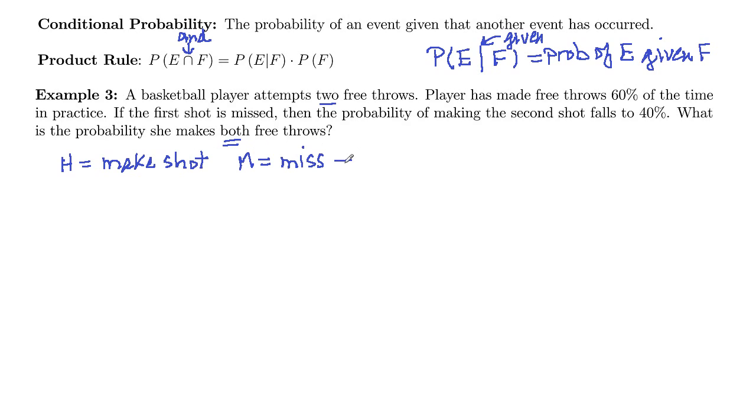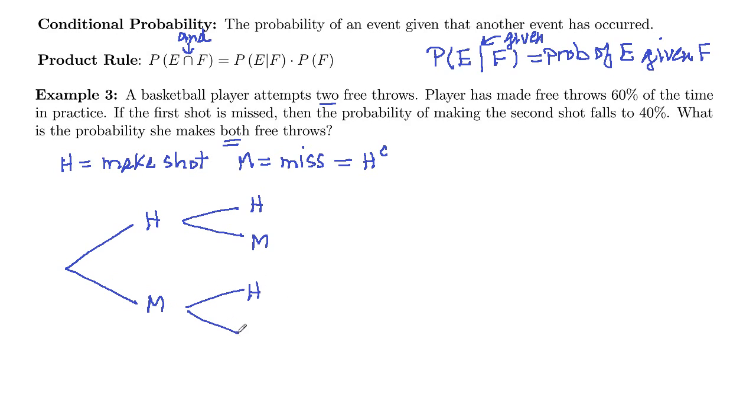Notice that that's the same as H complement. So if you don't hit it, you miss it. So on our first shot here, we can either hit it or we can miss it. And then if we hit the first shot, then on the second, we can either hit it or miss it. If we miss the first one, then the second one, we can either hit it or we can miss it.